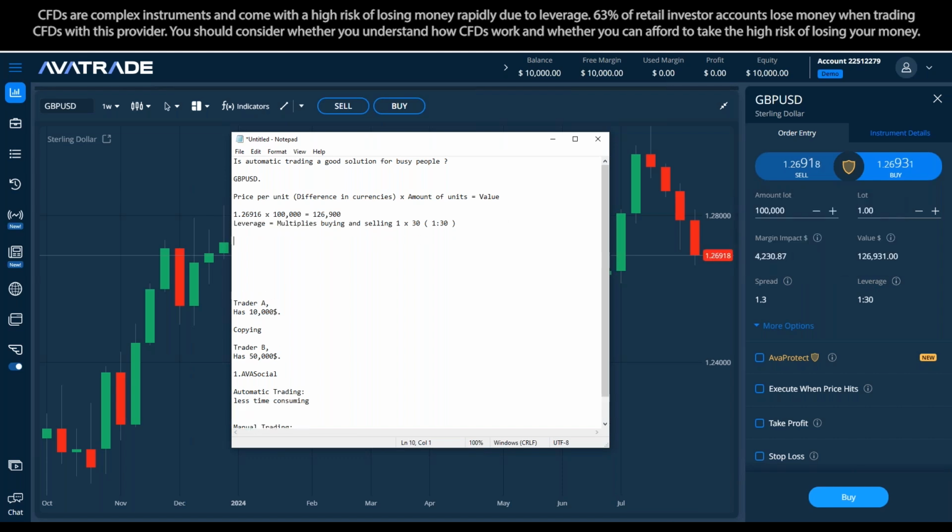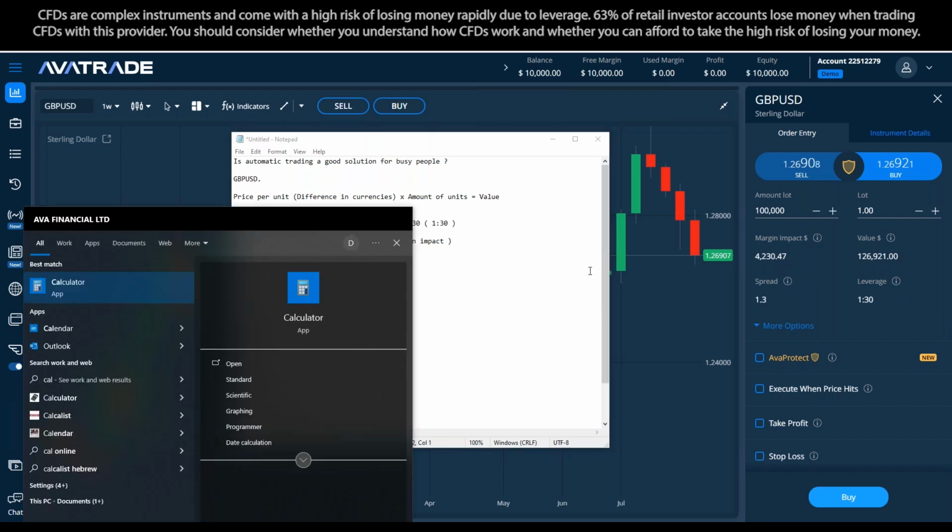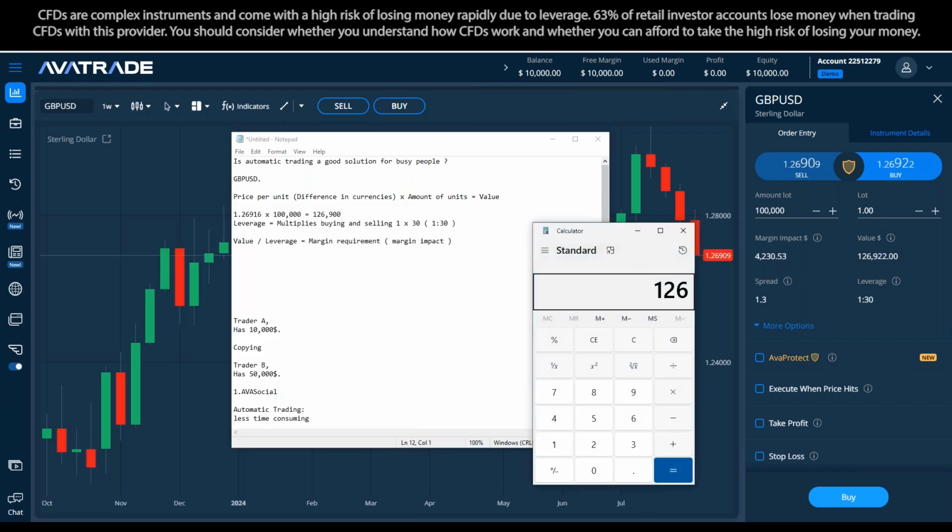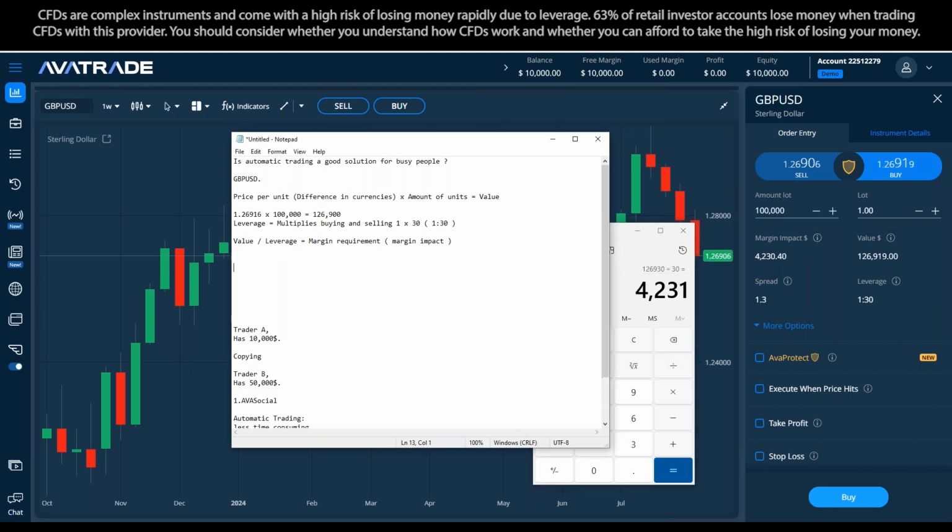In other words, if I simply divide my value by the leverage, I will then understand what can be my margin requirement, also known as margin impact. Very simple. Let's quickly do that together. Okay, and then I have that number, which is the margin impact.